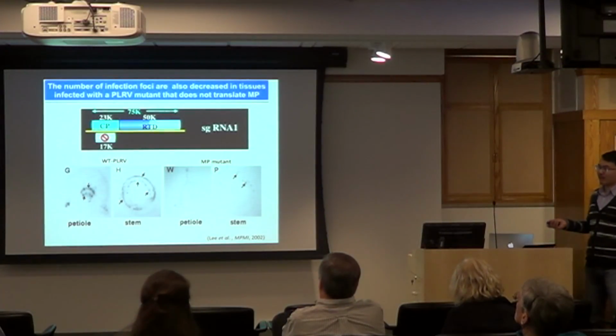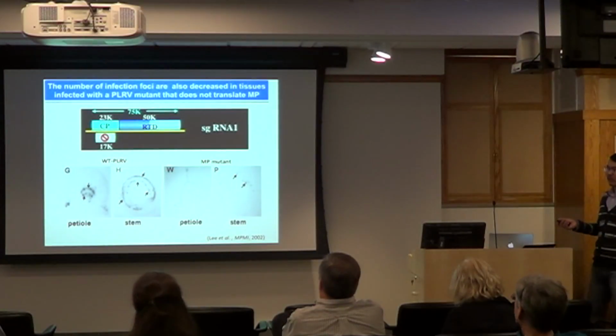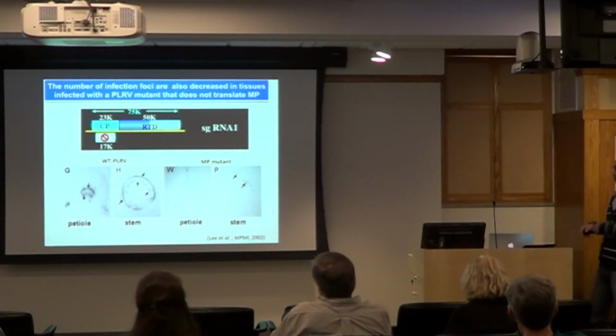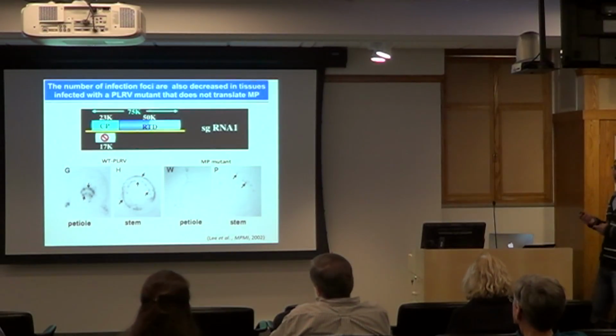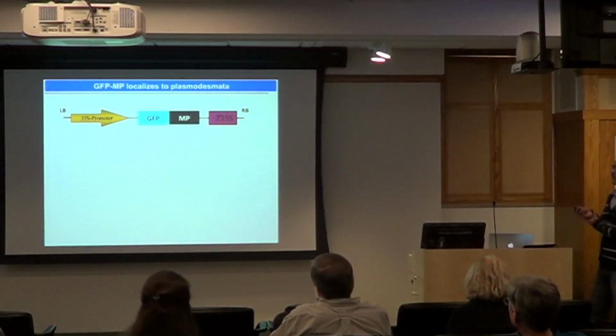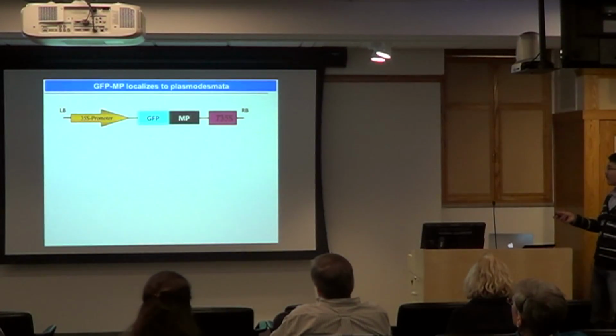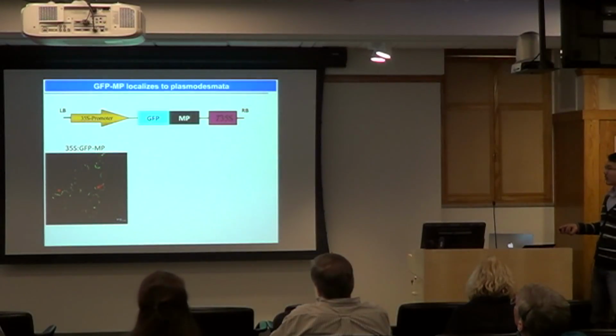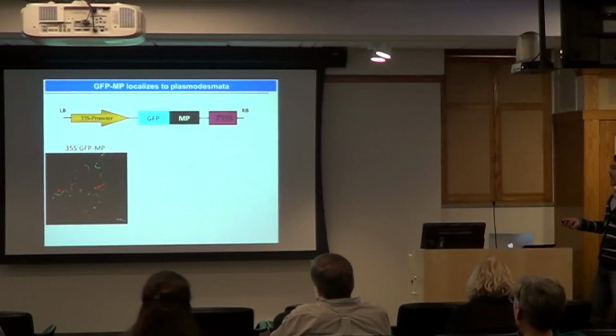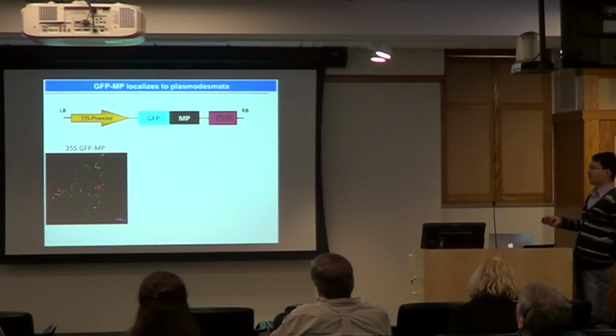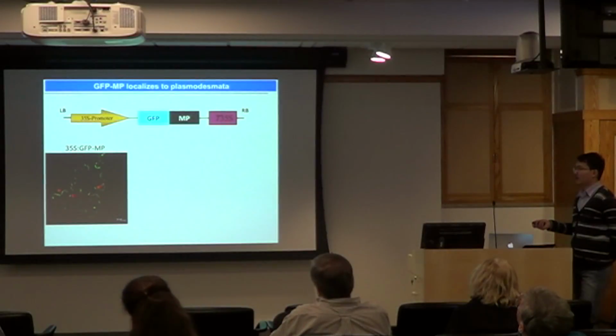The similar phenotype between the RTP mutant and the MP mutant inspired us to study whether there is a functional interaction between the RTP and the movement protein. So first we studied the localization of these 2 proteins. MP, the movement protein, can localize to the plasmodesmata. With the 30S promoter in agro-infiltrated benthamiana leaf, you can see the PD localization of MP.